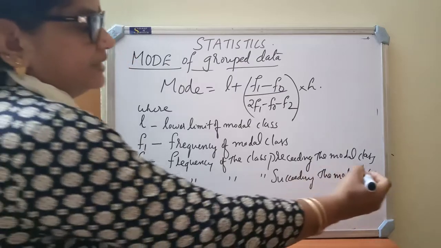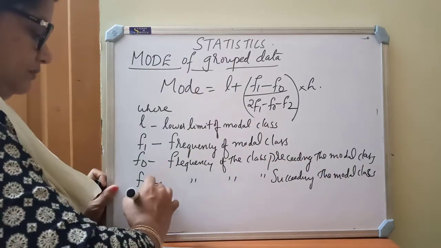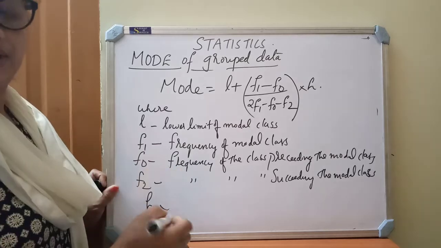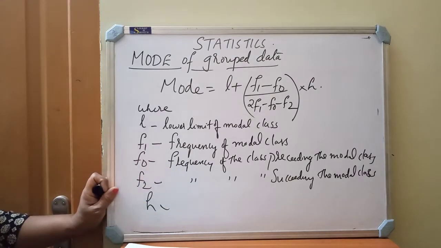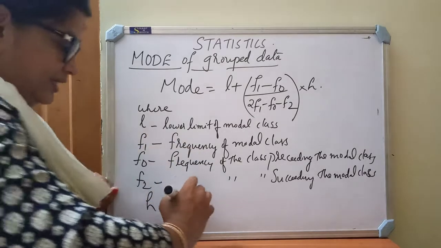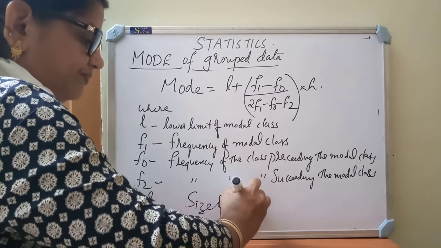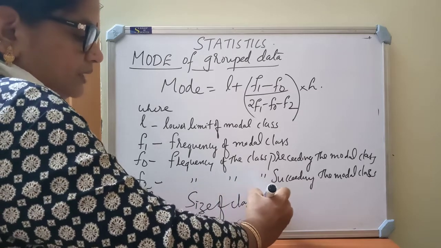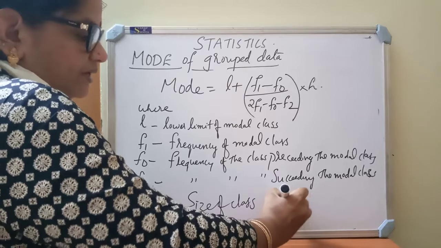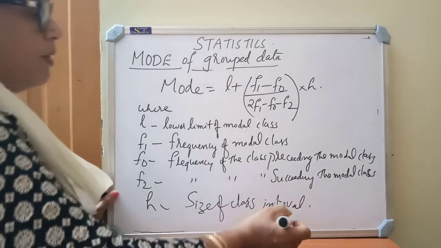And what is H? Size of the class interval, isn't it? Or width of the class interval. Size of class interval is the same as width of class interval. So what is the formula for mode?